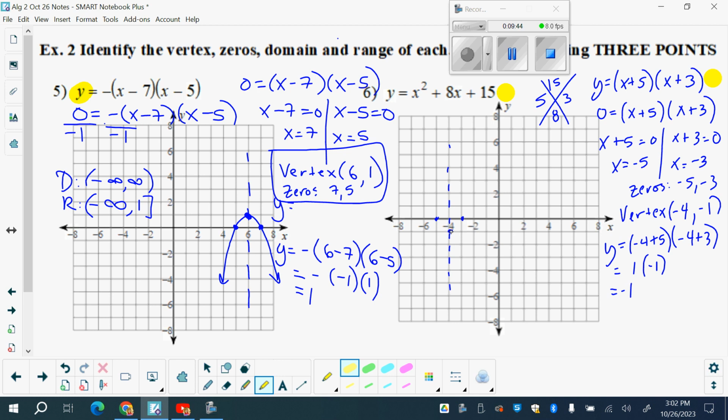And then we can draw our parabola. And again, some of you wanted to use changing it to vertex form, which is fine. It's just we've got to make sure we get what those zeros are. So you'd have to make sure that you have exactly what those values are. So almost done. What's our domain?